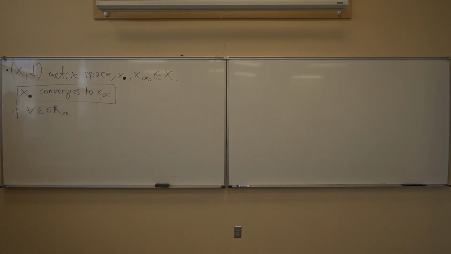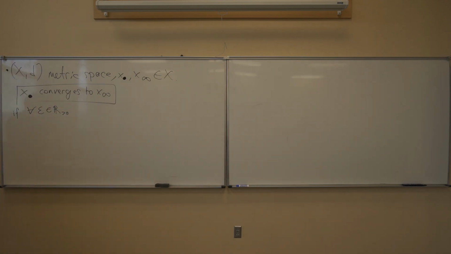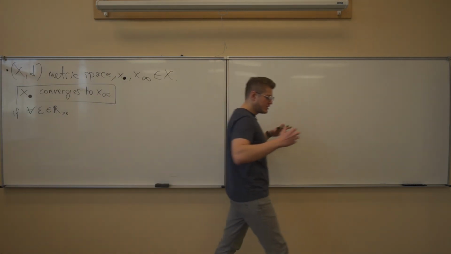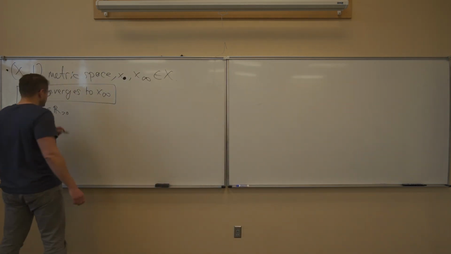I want to hit my target x infinity using terms in x bullet, maybe not on the nose, but up to an error of epsilon. What I'm going to say is that if I can shrink my error margin to 0, that's what I mean by convergence. That's all I need.